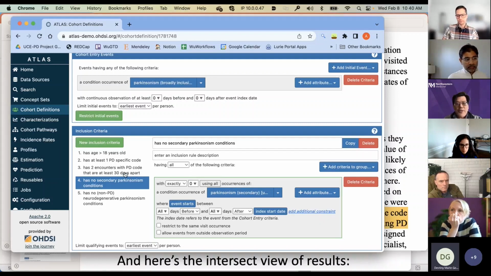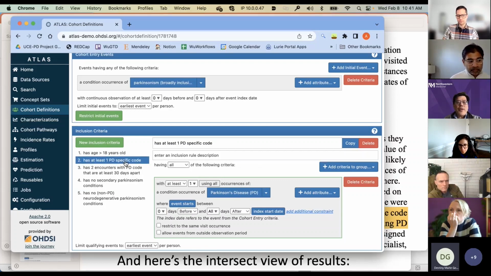Can you clarify observation period? Is observation period specific to each person or for your entire data set? Okay. I thought it was per person. So how would I change, say this criteria has one code to be registered? The entry criteria is the earliest event, and now they're in the cohort.